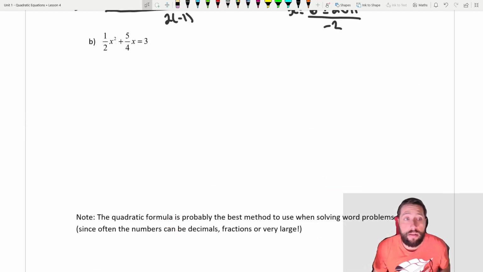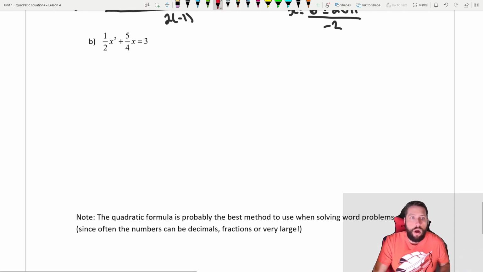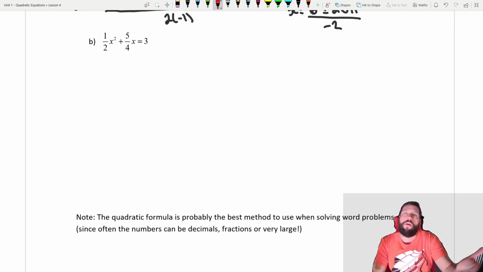Moving on to our final example, we have 1/2 x squared plus 5 over 4x is equal to 3. So what we want to do is get rid of all the fractions. Let's multiply everything by 4. Why? It gets rid of the 4 in the denominator.